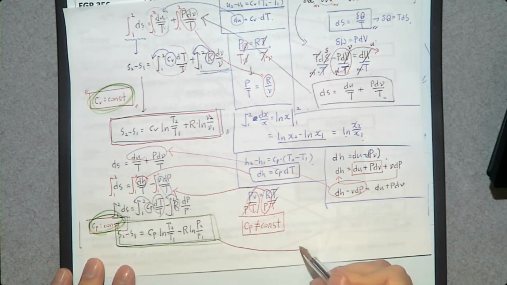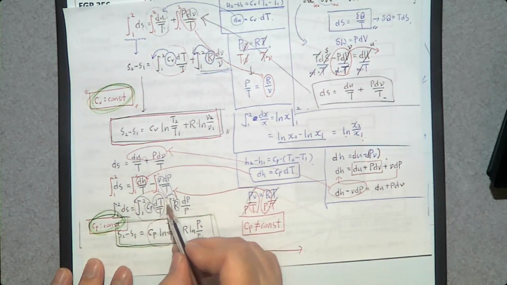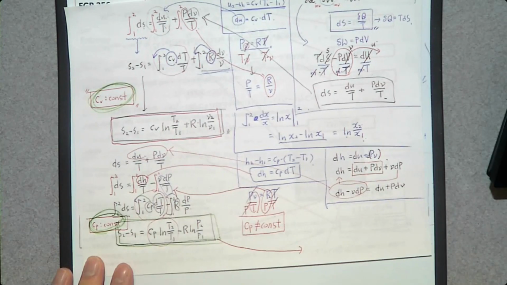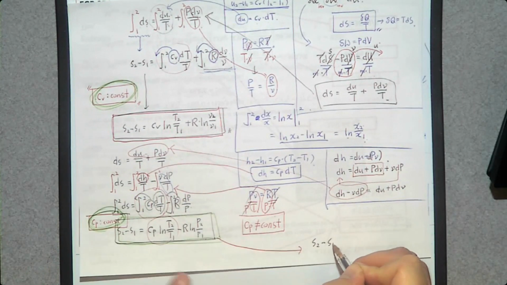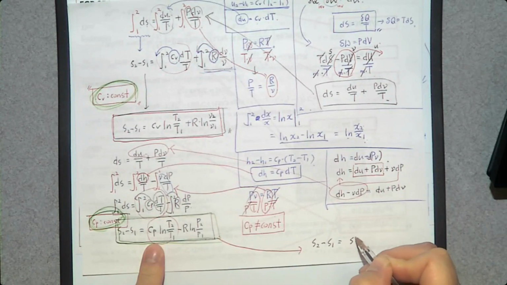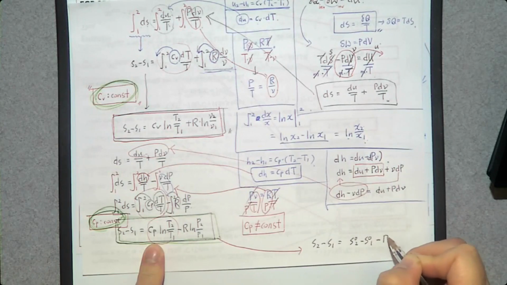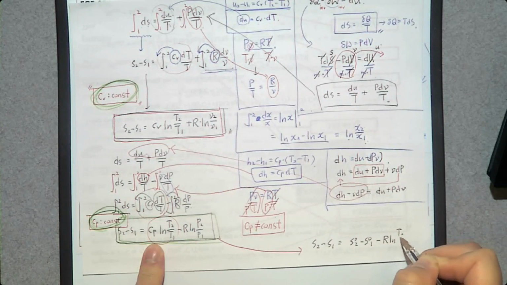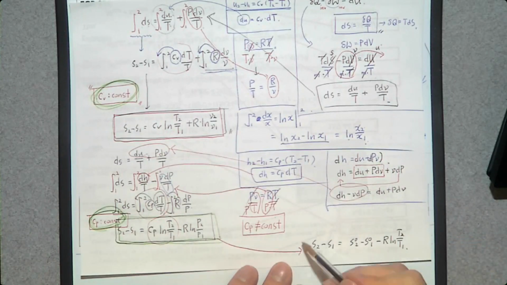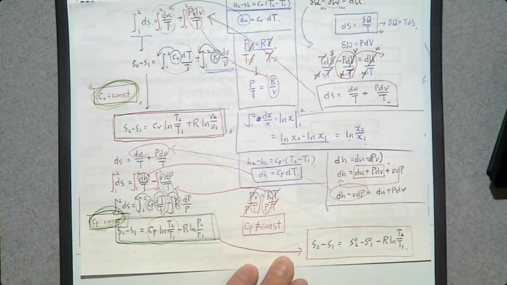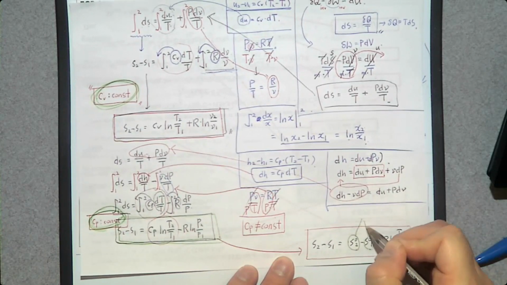Then the problem is this term. If Cp is not constant, we cannot solve this, so we are going to use a table. In that case, S2 minus S1 is S degree 2 minus S degree 1 minus R natural log P2 over P1. Then how can we find S degree? We can find them from a table.